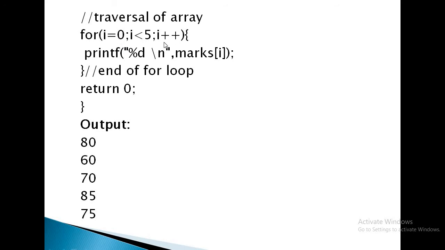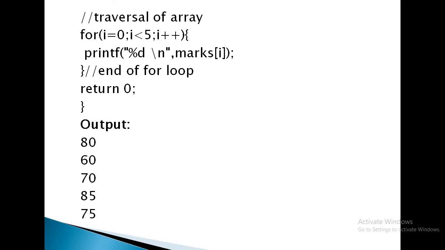After that it will be incremented by 1. Then the i value changes to 1, less than 5. The condition is true, it can access the index, and then 2 less than 5, 3 less than 5, and 4 less than 5. So it accesses the indexes by incrementing the i value.